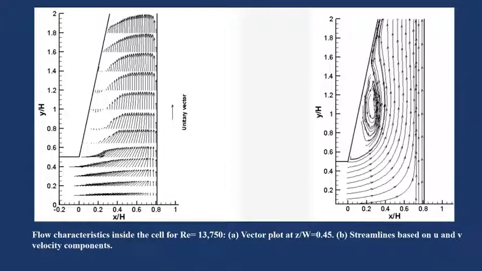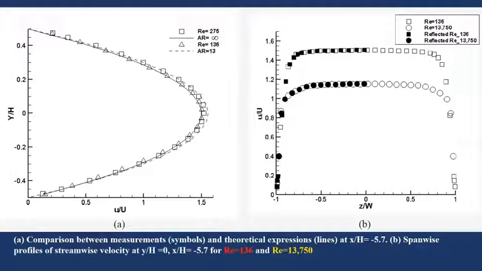Here we can see the vector field and also the path lines for z equal 0.45 W. Here we have some comparisons for different Reynolds numbers, but the modeling work is for the turbulent, for the higher Reynolds number written in yellow.